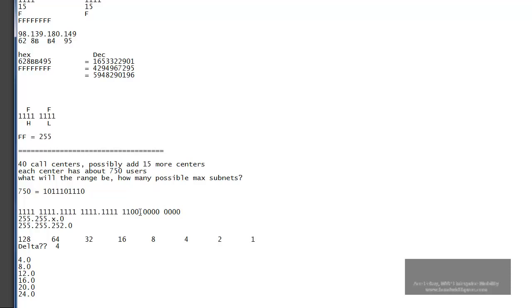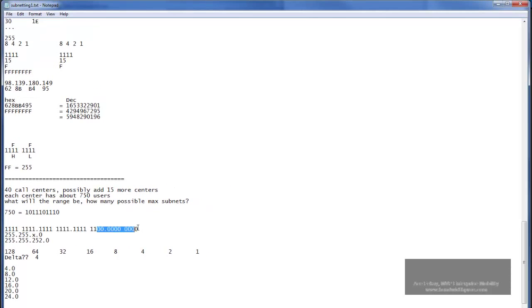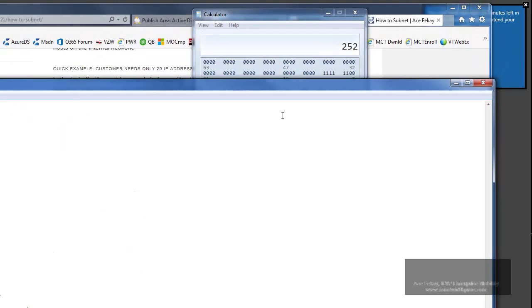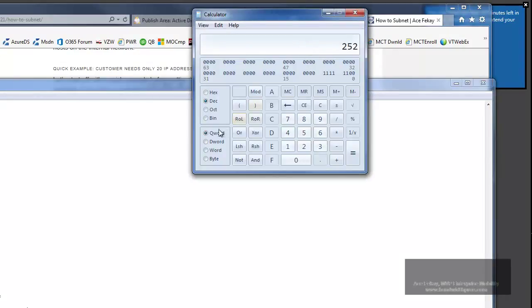First of all, I should have asked how many IPs will this handle here? Because we have to cover that 750 users, right? Well, let's see. There's 10 bits. So I'll go up here like 1, 2, 3, 4, 5, 6, 7, 8, 9, 10. Decimal 1023.